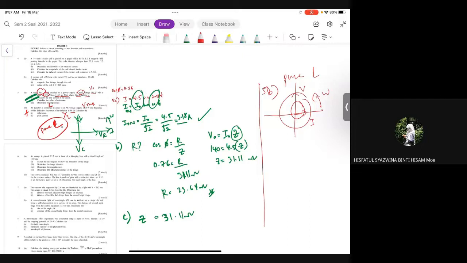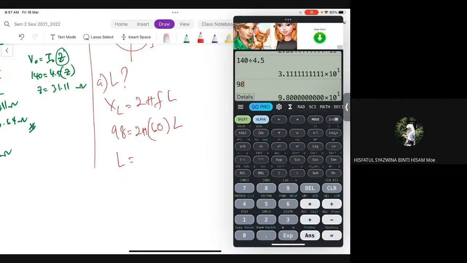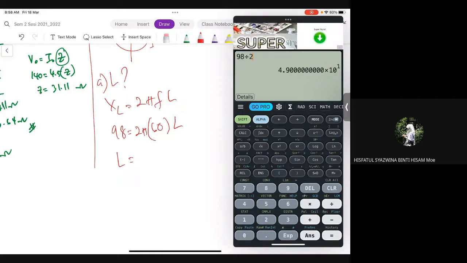Okay, so they ask you to calculate inductance L. Part A asks you to find L. So, XL equals 2 pi FL. You already have XL, 98. 2 pi. Frequency is already given, right? 60. So, we can get L. 98 divided by 2 pi, divided by 60.